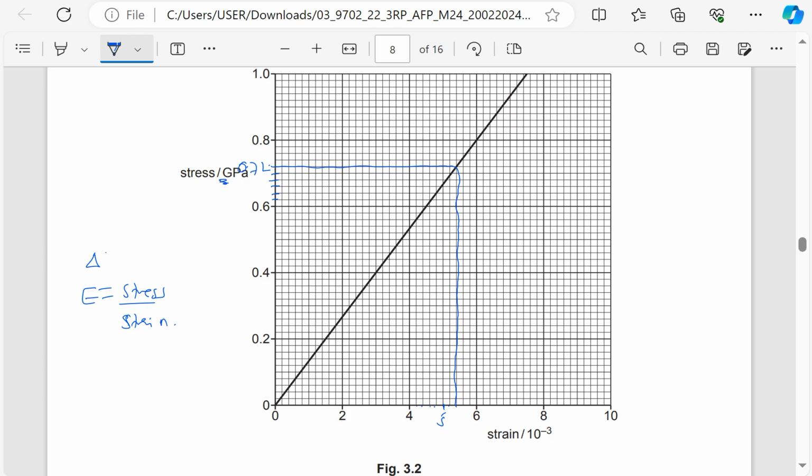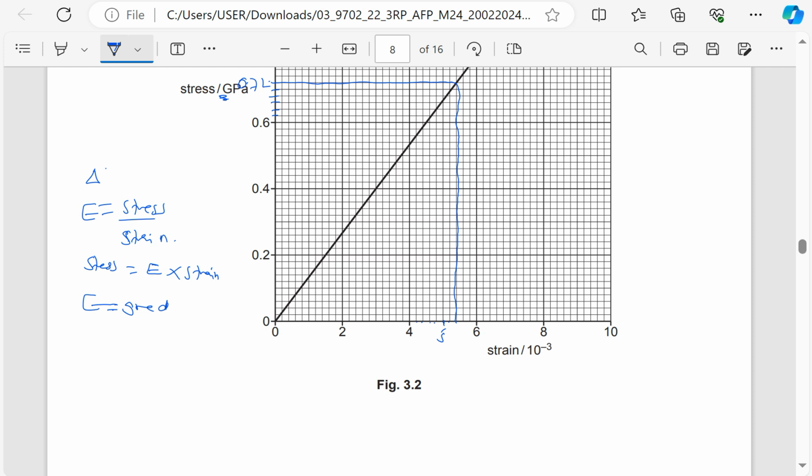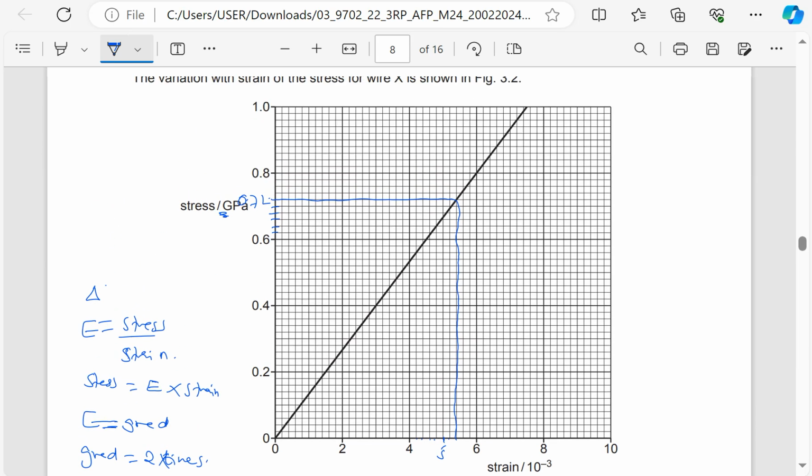So if it is a graph of stress against strain, it means stress is equal to Young modulus times strain, which means Young modulus is equal to the gradient. So the other wire has twice the Young modulus, and Young modulus is equal to the gradient. So the gradient of the new wire is going to be 2 times this line here.